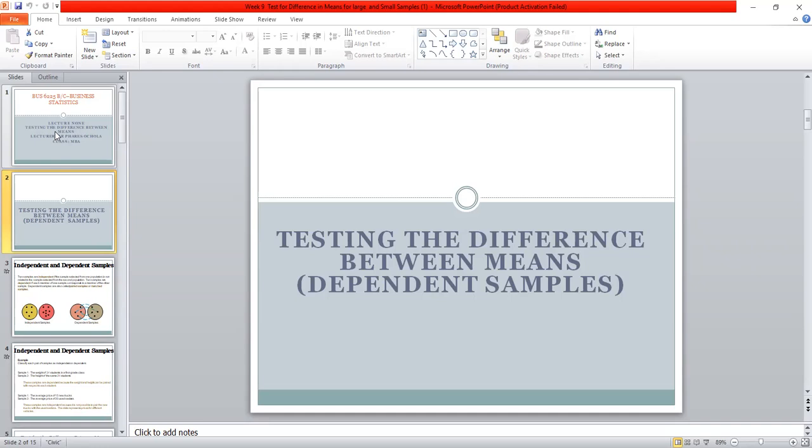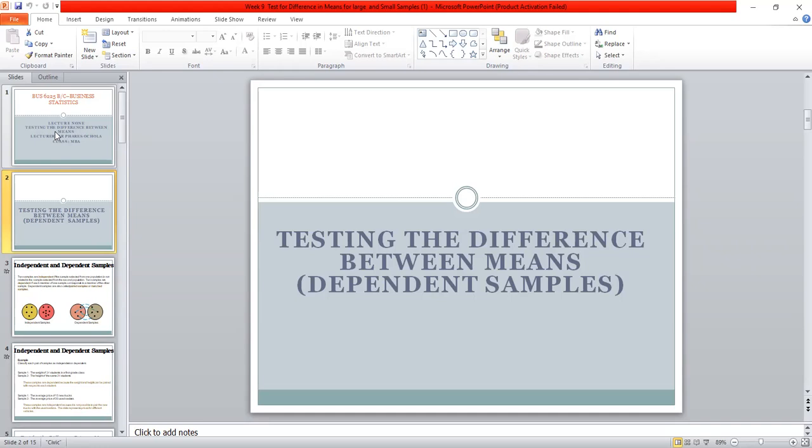Now, this is essentially one sample. Pick a sample. I'll give you an example. Probably a drug company wishes to test the effectiveness of a new drug. So they'll take subjects.